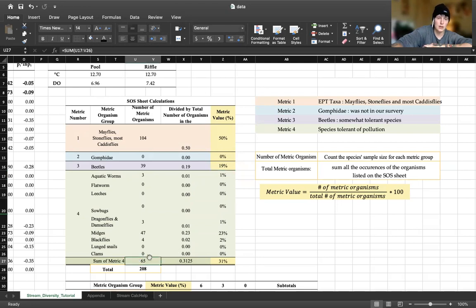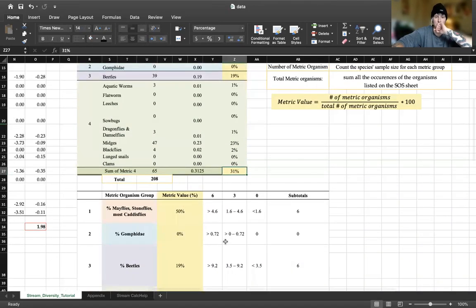I'm not sure if your template sheet has the formulas put in for this, but you just sum all of the columns. So down here, sum that. You're going to divide the sum of that column by the total, and that's going to give you your percentage for this entire metric group. Okay.